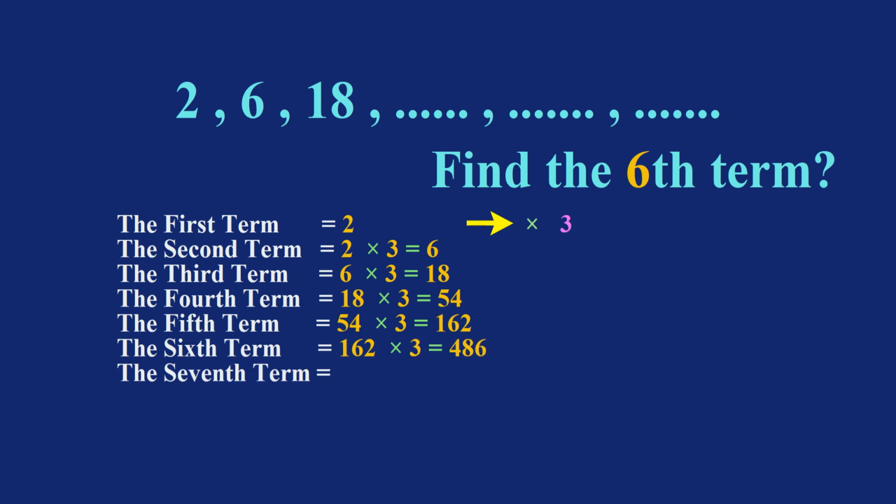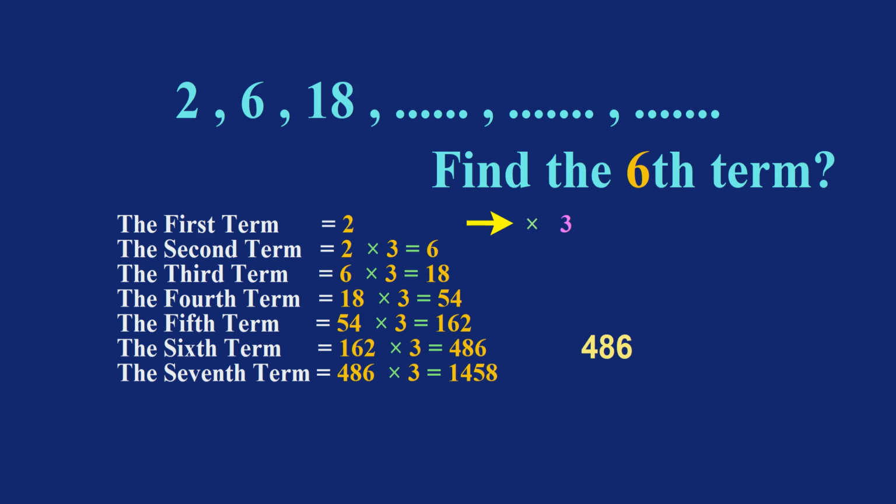And the seventh term is 486 times 3, which equals 1458. For our problem, we want the sixth term, which equals 486. And this is the solution using the manual method.